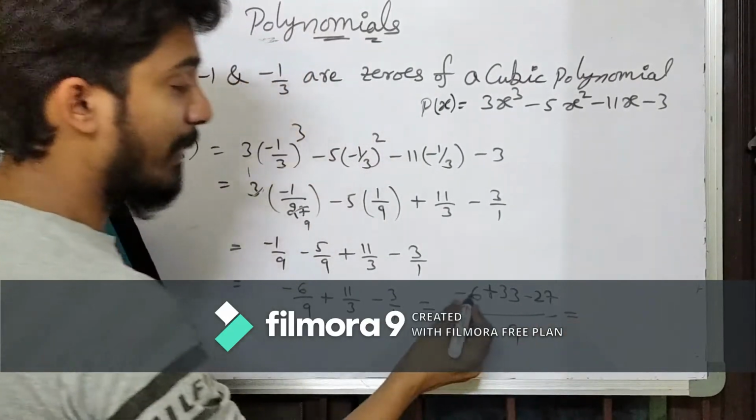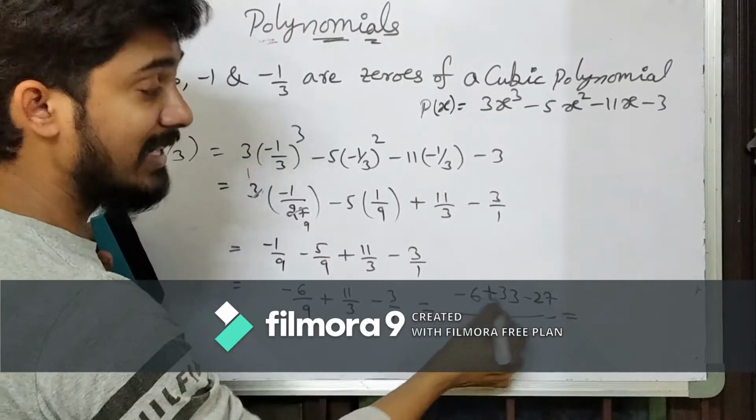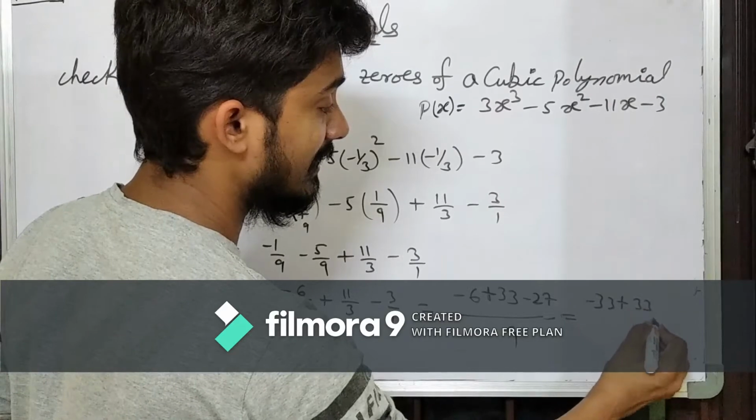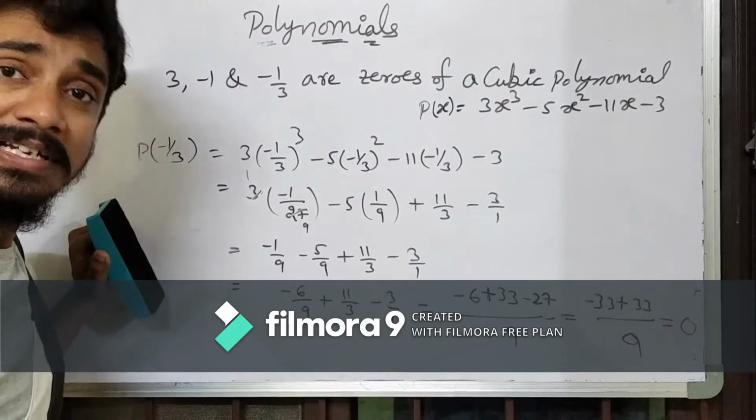That equals minus 6 minus 27, minus 33. Minus 33 plus 33 by 9 equals 0. 0 by 9 means 0.